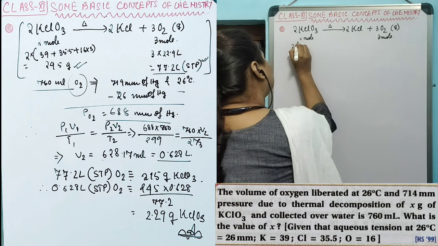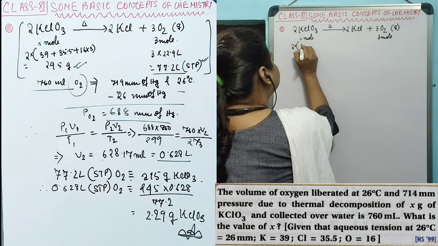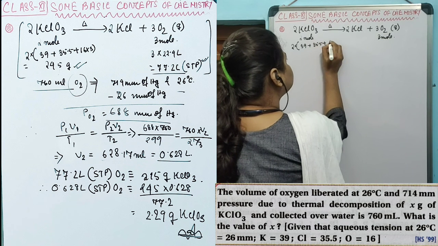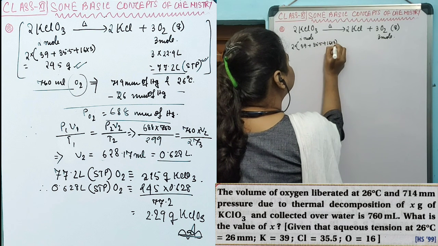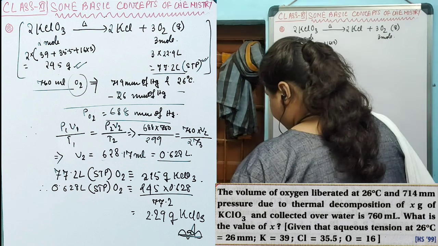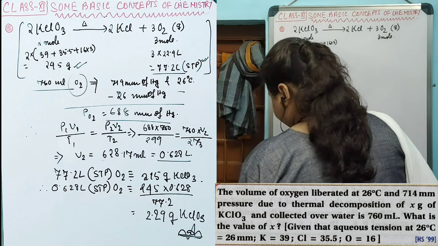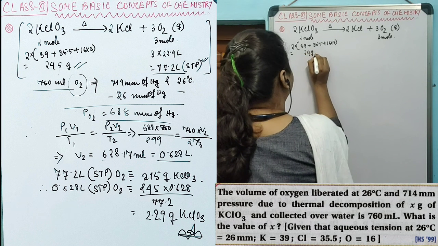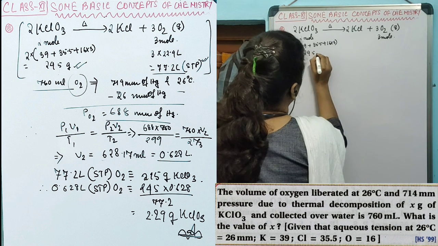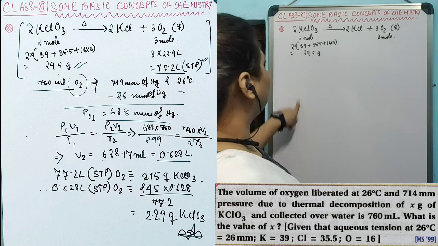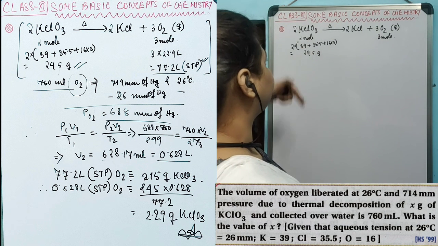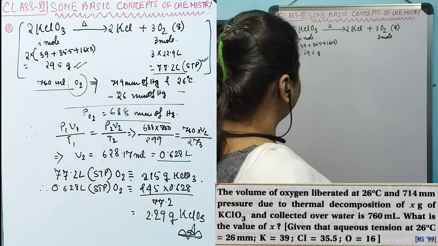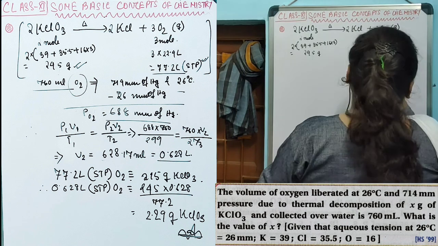Now, 2 mole of KClO3 means 2 into (39 plus 35.5 plus 16 multiplied by 3). This will give 245 gram of KClO3.